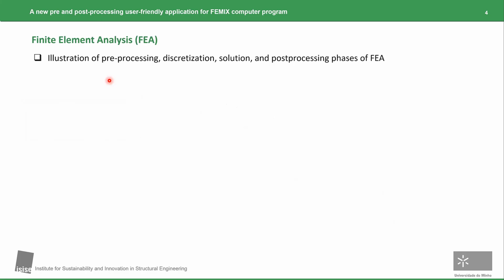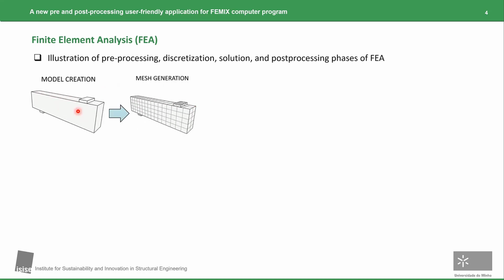Finite element analysis has different steps, such as pre-processing, discretization, solution, and post-processing. The first step is model creation, and then we discretize the model into meshes, which is the mesh generation step.